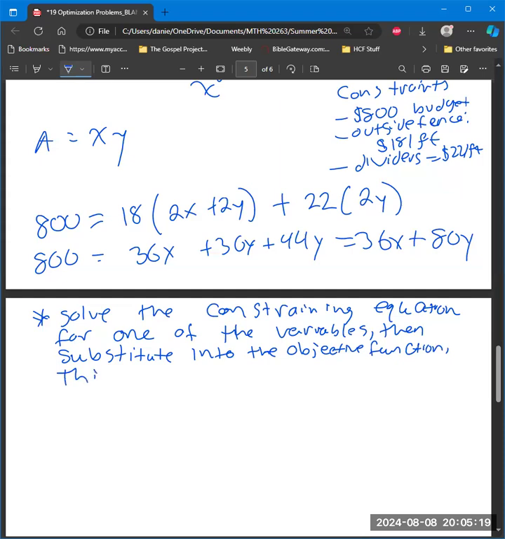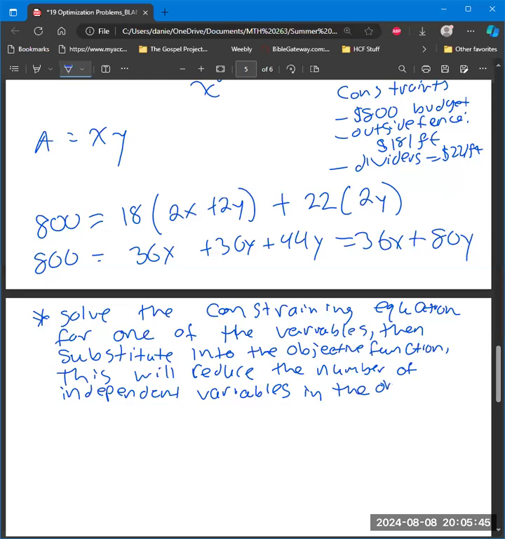This will reduce the number of independent variables in the objective function, hopefully to 1, because that's what we want.